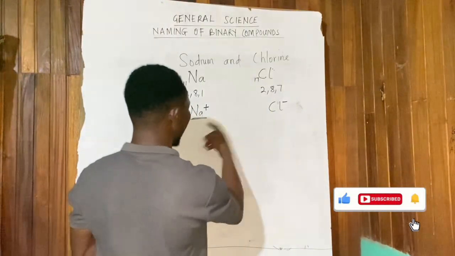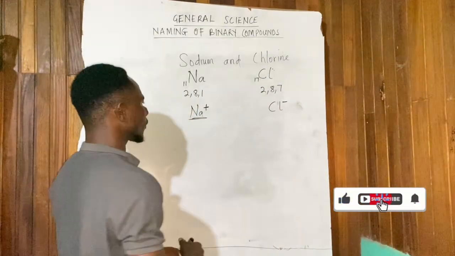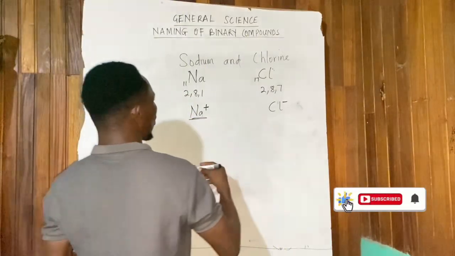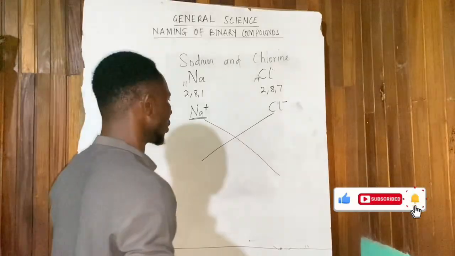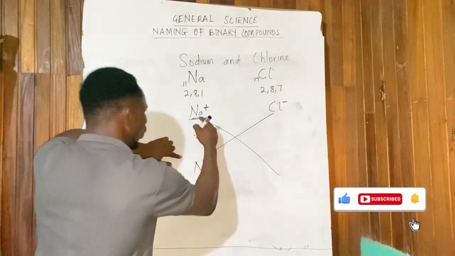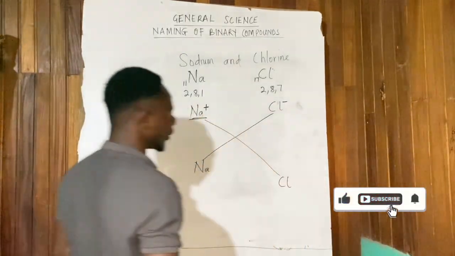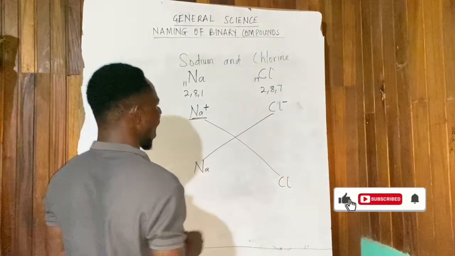This is sodium, this is chlorine, so they are different elements. Now, let's continue with how we are going to name this. We will do what we call exchange of valency. We will write sodium here and chlorine here. Now, we will exchange their valency.